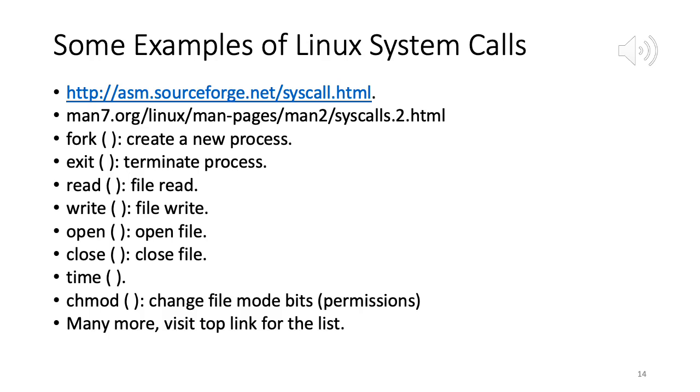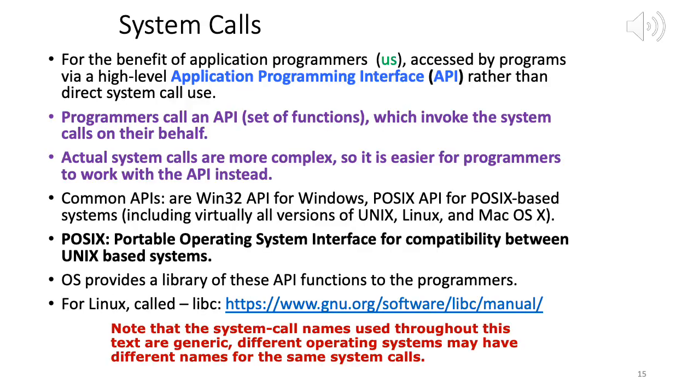The sys is to let us know that this is not an ordinary function. This is a specific function, a system call. Note that we can have user functions also, which are not system calls. Whenever we need an OS service, whenever we need to run in kernel mode, those kinds of functions are system calls. You are encouraged to visit all these websites.